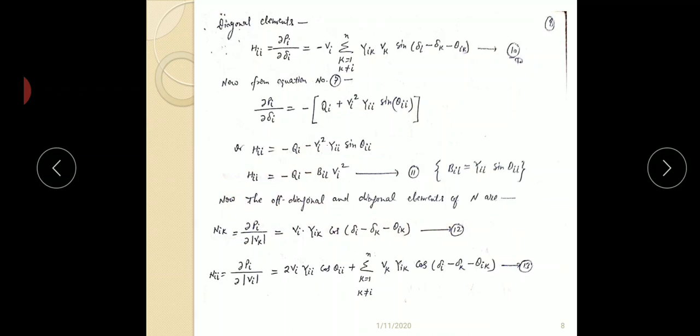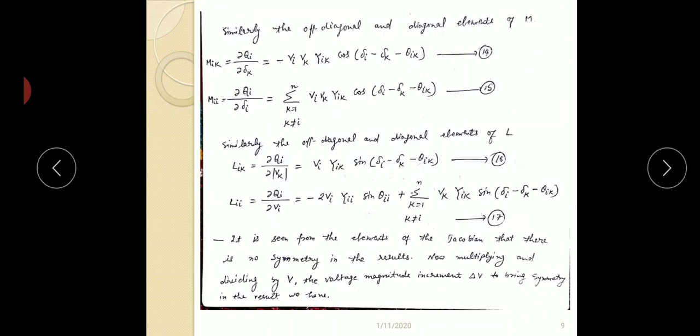Now the off diagonal and diagonal elements of N. Similarly, they can be written as Nik, del Pi over del Vk, so we have equation number 12, and Nii, del Pi over del Vi, equation number 13.